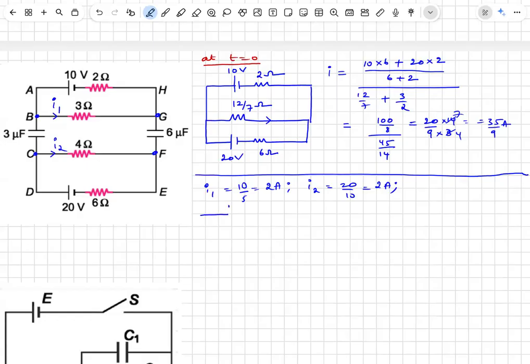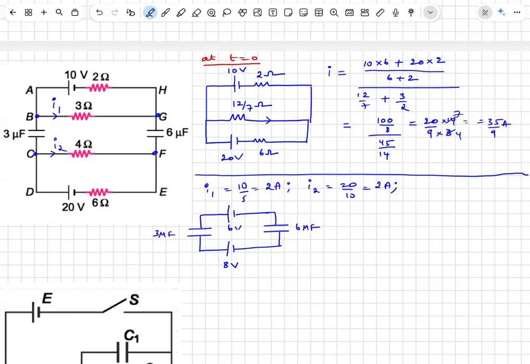Right. Now, the above circuit behaves as 6 volts. Substitution theorem. The below circuit behaves as 8 volts, 3 microfarad, 6 microfarad.